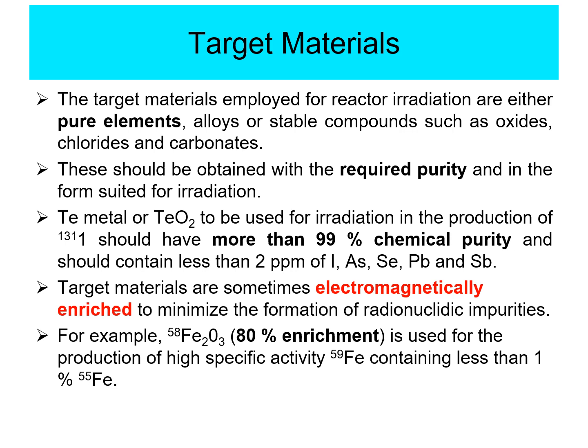For example, when you produce iodine-131 from the target material tellurium oxide, you require a purity of more than 99%, chemically pure. Pure target material are sometimes produced using electromagnetic enrichment method, and this is to minimize the formation of radionuclide impurities.